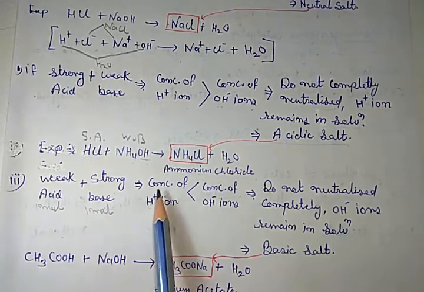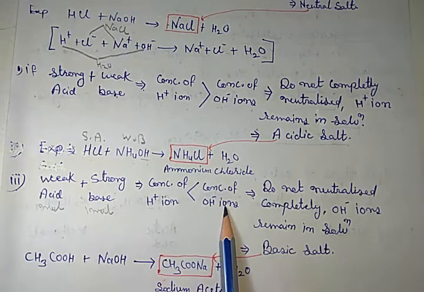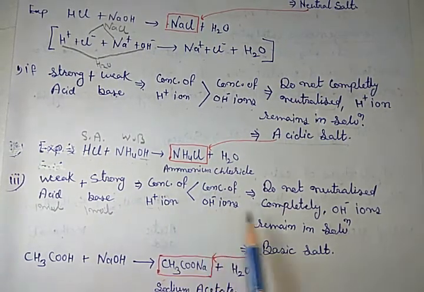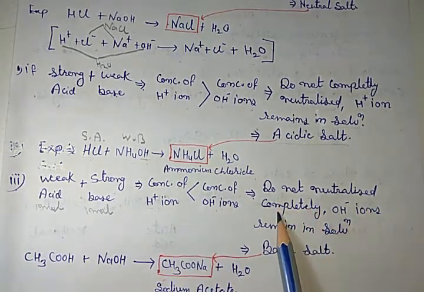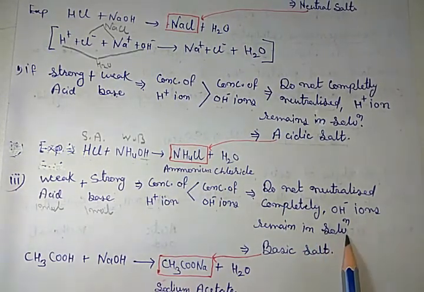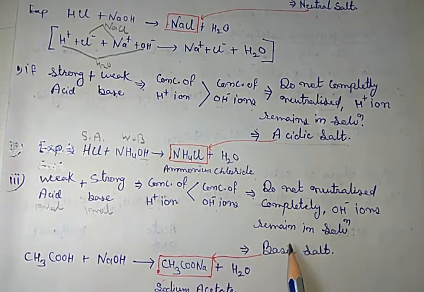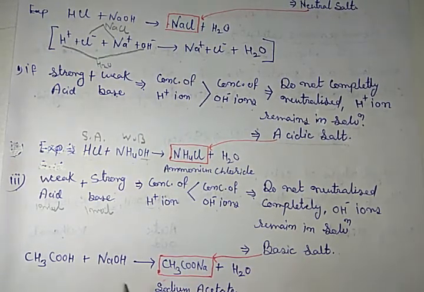In that case, the concentration of H+ ions will be less than the concentration of OH- ions. Since they are not equal, they do not neutralize completely. Hence, the OH- ions remain in solution. That means the solution becomes basic in nature, and the formed salt will also be basic in nature.